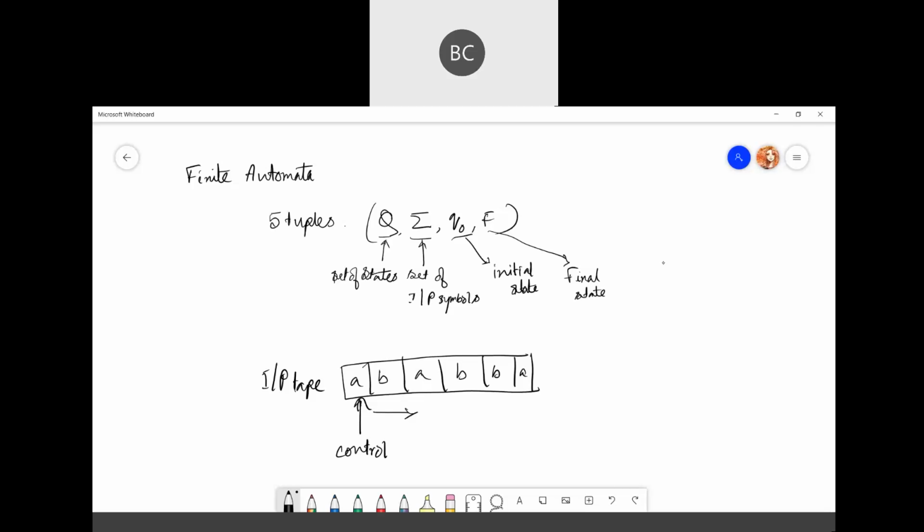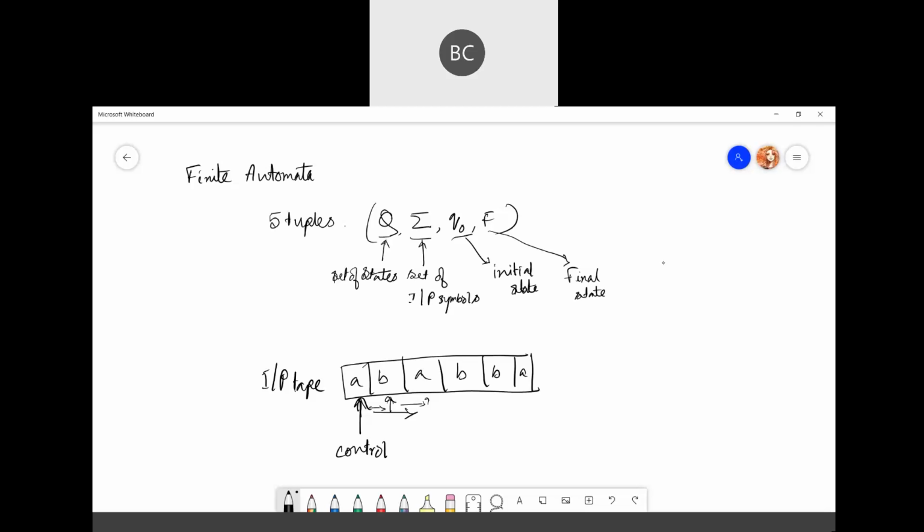It will read one symbol on the tape, then move to the next. It's just like how we used to process our array. We check it symbol by symbol, one cell to another cell. Similar thing, just that now it is kind of an actual model.